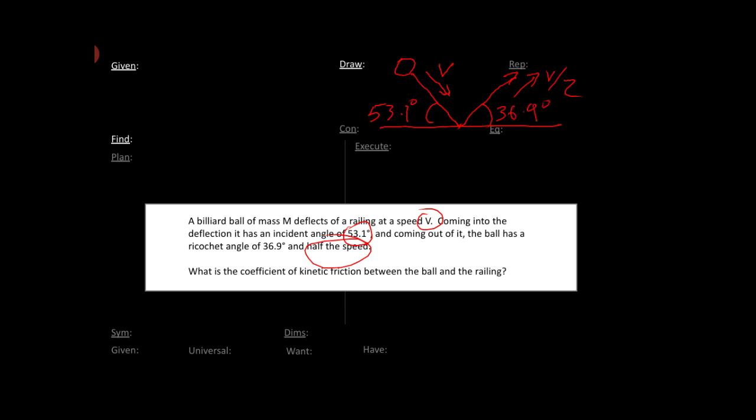Well, if you've had these things beaten into your head, which you probably have not, those are the 3, 4, 5 triangle angles. And so this is actually a very special case where this is a perpendicular right there. So 53.1 plus 36.9 is 90 degrees, and this whole thing is 180 degrees.